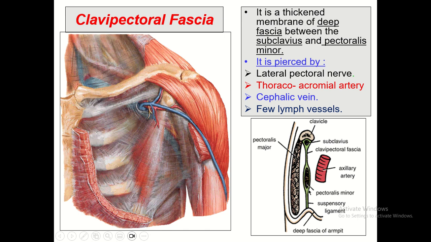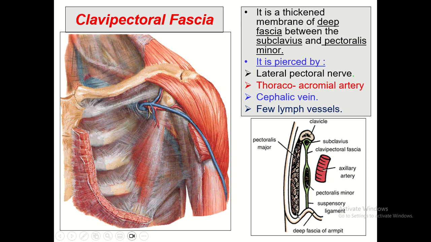And then from the pec minor it attaches to the floor of the axilla, the axillary floor, right? So that fascia that is between the pectoralis minor and the axillary floor is what you call the suspensory ligament. This will be the suspensory ligament that will be going to the what?